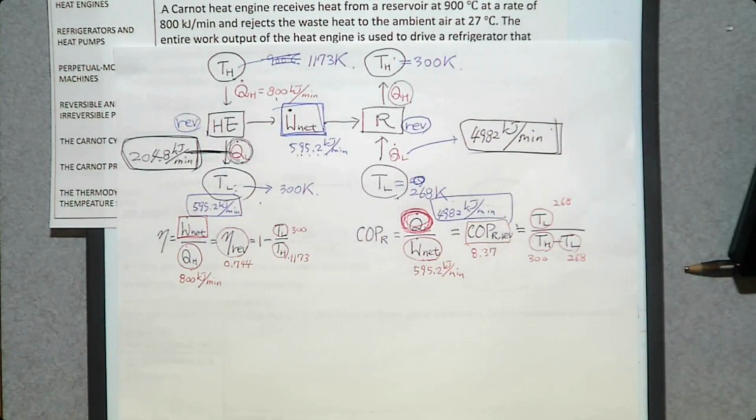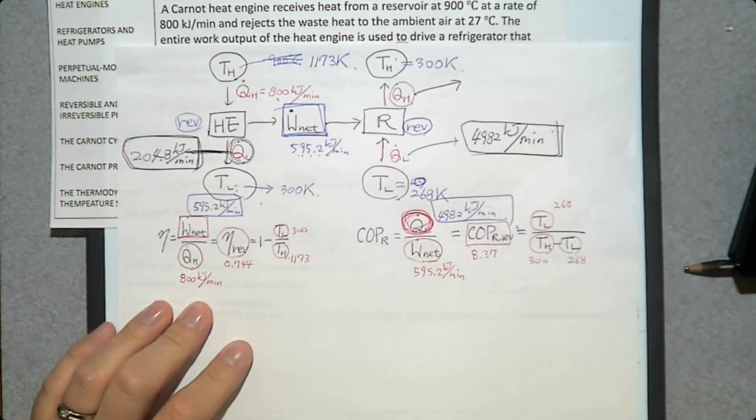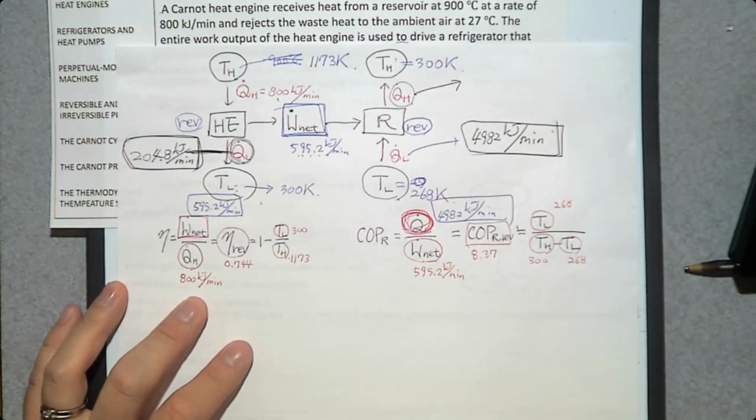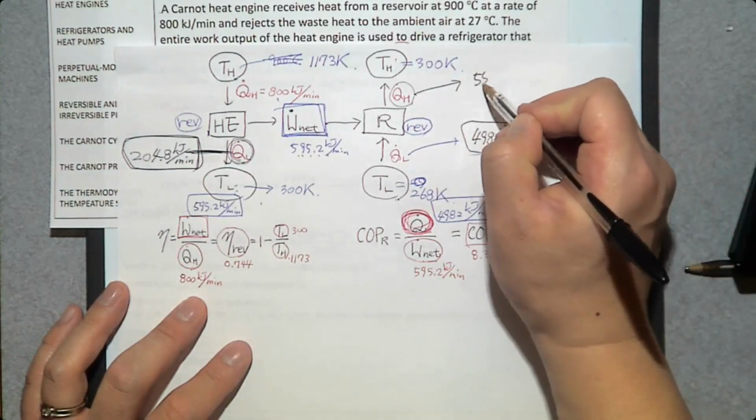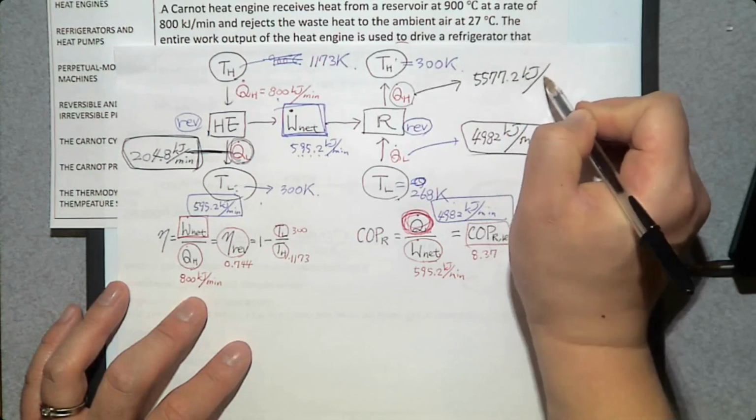Then what is the heat rejection to the ambient air? This one plus this one. So Q dot H from the refrigerator is going to be 5577.2 kilojoule per minute.